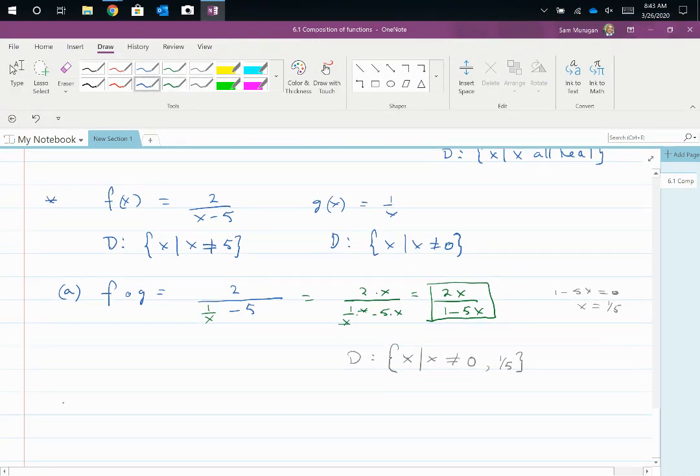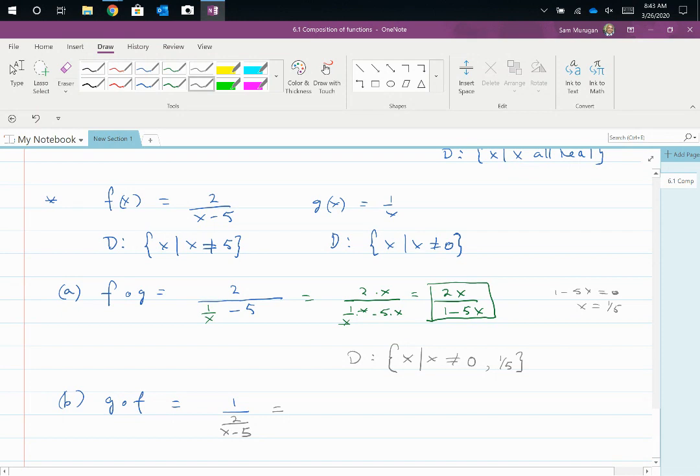Now let's look at the g function composed of the f function. So the g function is 1 over x. In place of x, we're putting the entire f function, which is 2 over x minus 5. So use the keep, flip, and change rule here.